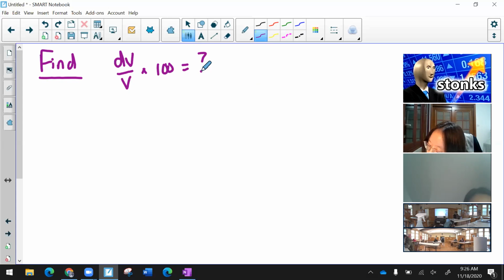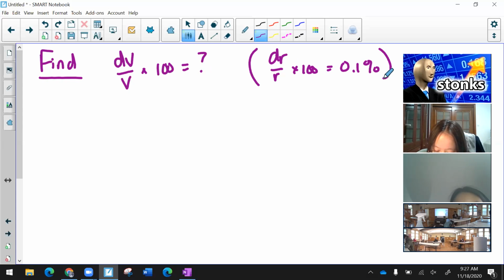So that means that I can say somewhere that dr over r times 100 is equal to 0.1%. I'm just going to keep that over there somewhere. All right. So I'm going to need to know some things.